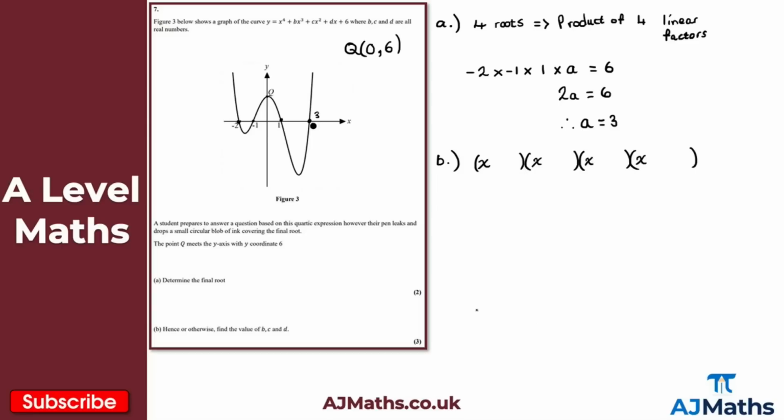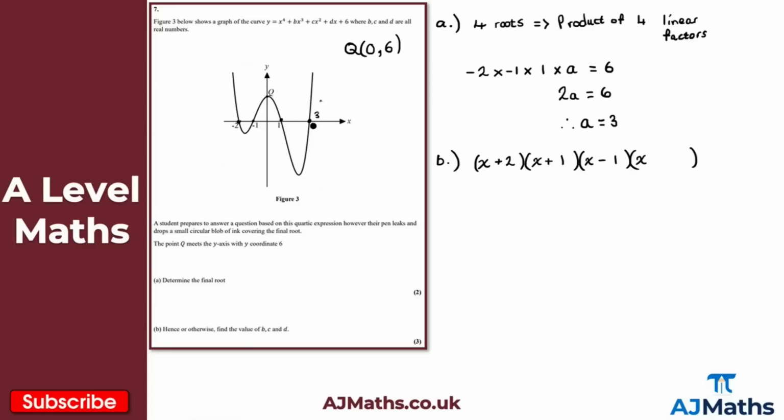Like we said, we know the 4 roots. For example, this root here would be given by x plus 2. If you set that equal to 0, I subtract 2 off both sides to get x equals minus 2. The next one, minus 1, would be x plus 1. The root of positive 1 would be x minus 1.